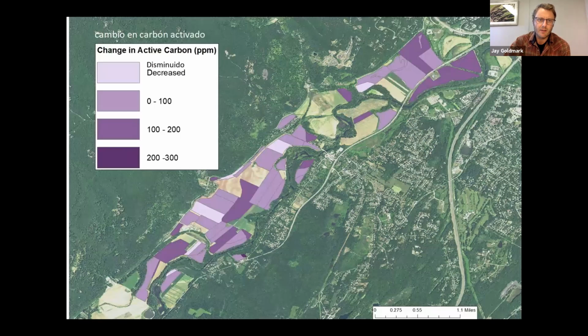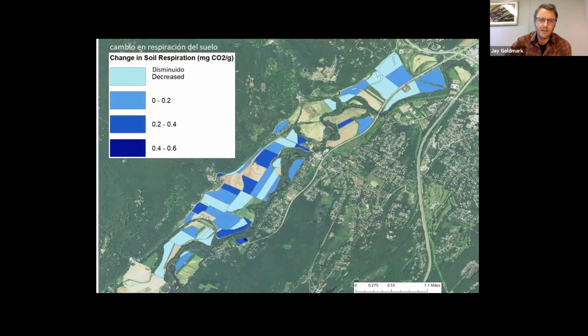If we look here, this is just 2016 and 2018, we can start to see change in active carbon. Some fields, according to this, actually went down, as you can see in the light purple, and some, of course, increase. It's only 2 years, so there's probably not enough time to draw a significant trend, but it's interesting nonetheless. And here's a look at respiration.